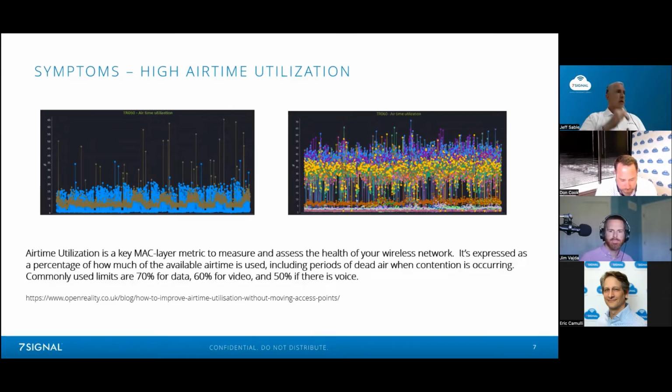Then there's another burst up around 35%, but there's also a group of samples that are well over 50%, and then some spikes that get as high as about 70%. So here, depending upon where an end user may be located, VoIP calls could be tough because there is a group of APs at that 50% number, which starts to cause some challenges with voice calling.